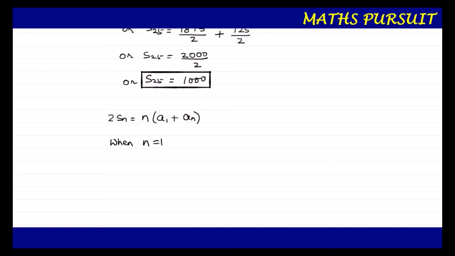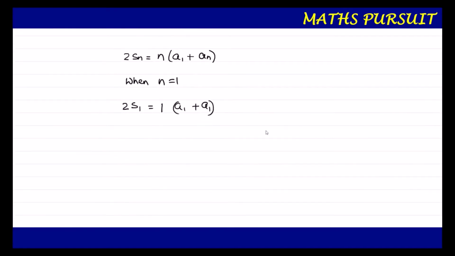Let's see. So when n is equal to 1, I can write the above formula as 2S1 is equal to 1 into (A1 plus A1), just replacing the value of n with 1, because we are assuming what happens when n is equal to 1.